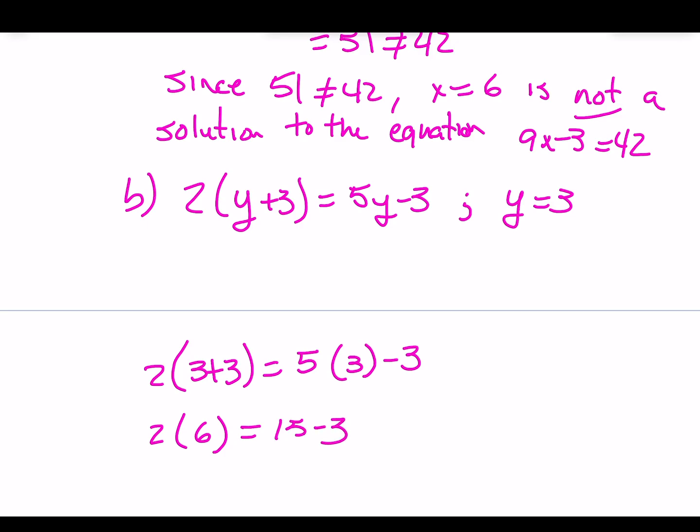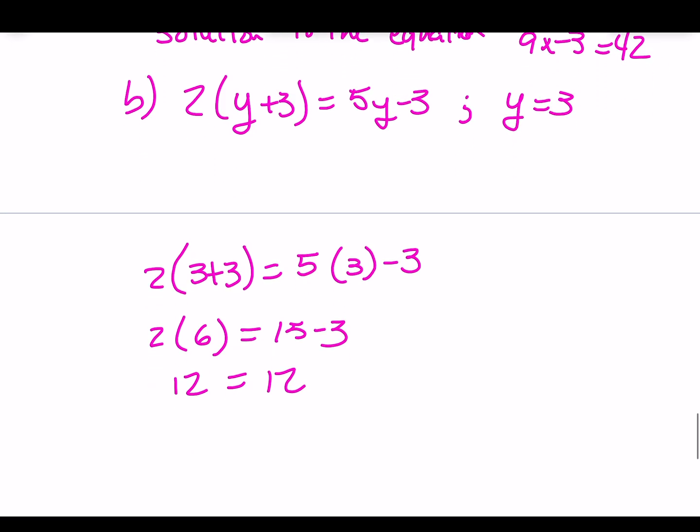2 times 6 on the left-hand side is 12. And 15 minus 3 is also 12. Since we end up with 12 equal to 12, we have a true statement.